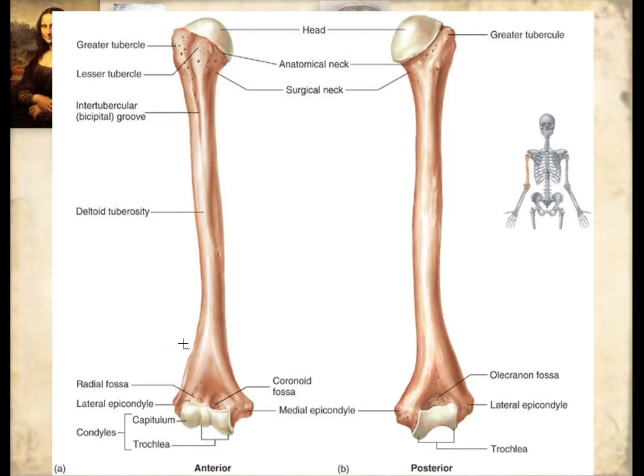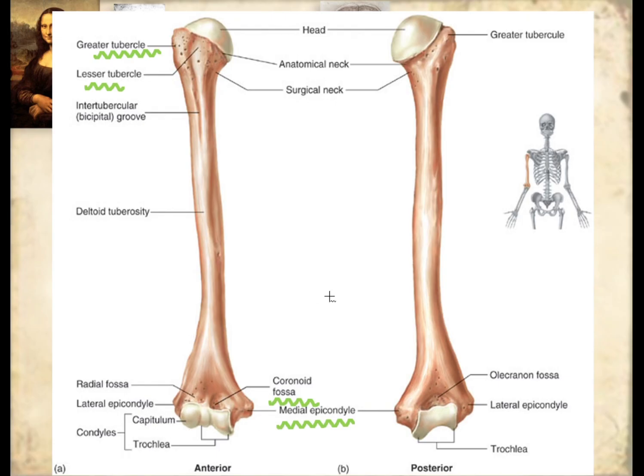Is that clear? Next, you can see here the greater tubercle, and this is the lesser tubercle. This is the anterior part, and this is the posterior part. And you can see here the coronoid fossa, and this is the medial epicondyle.